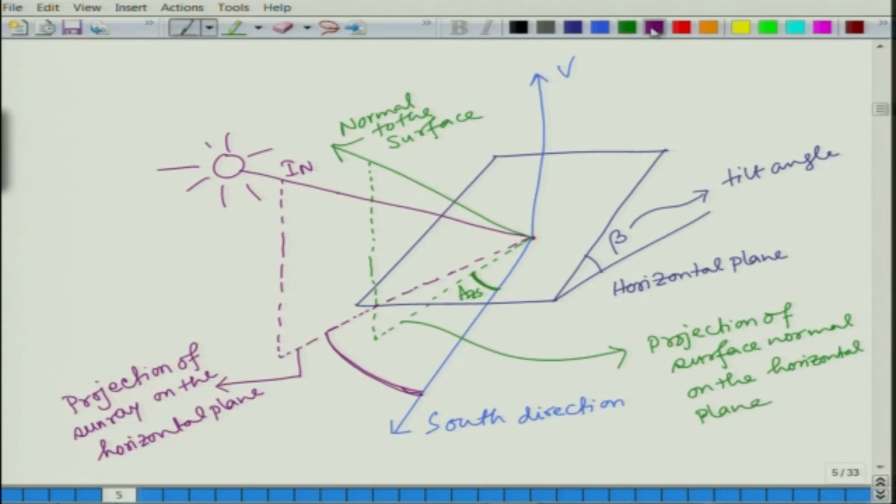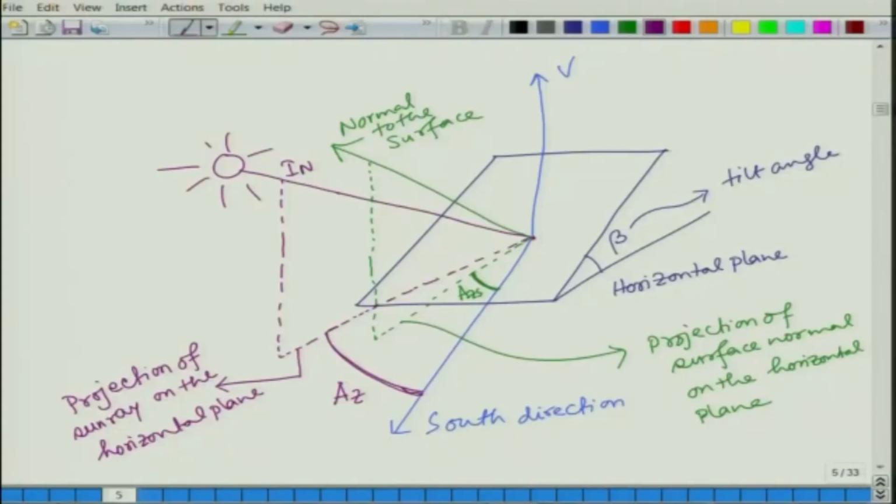Now, the angle this projection of sun ray makes with the south direction, that we call the solar azimuth angle, AZ. So, in this figure you can see that the tilt angle and both the solar and surface azimuth angles are put together, so that you can visualize the whole picture.